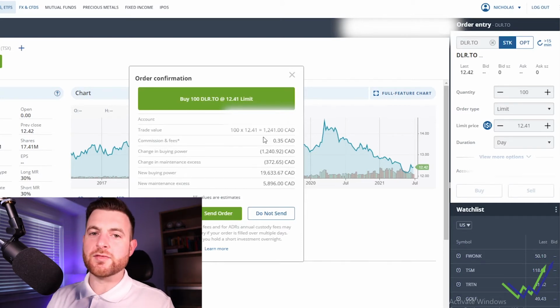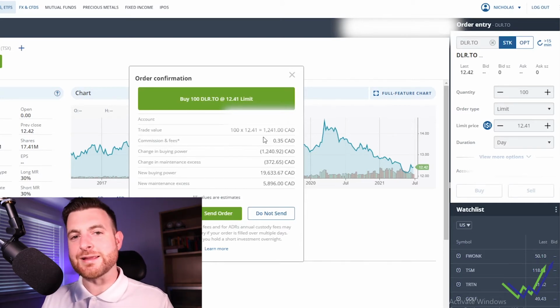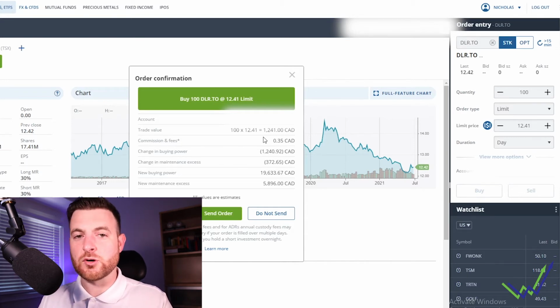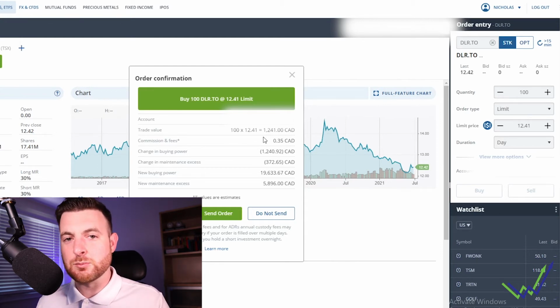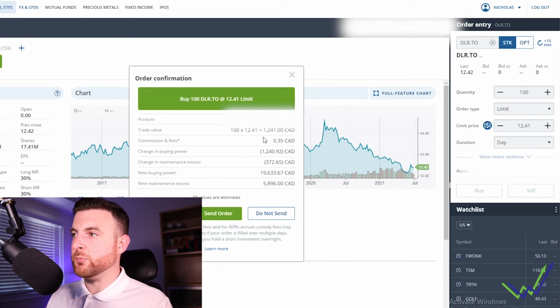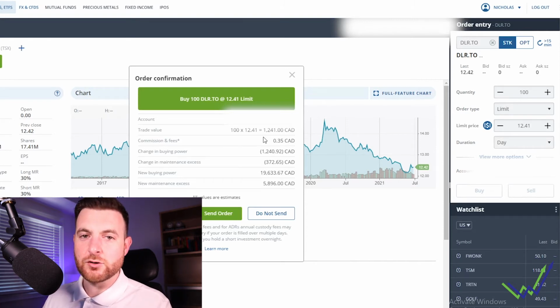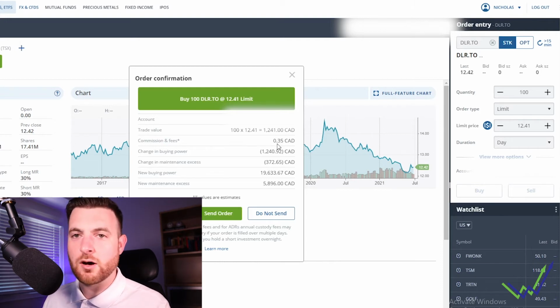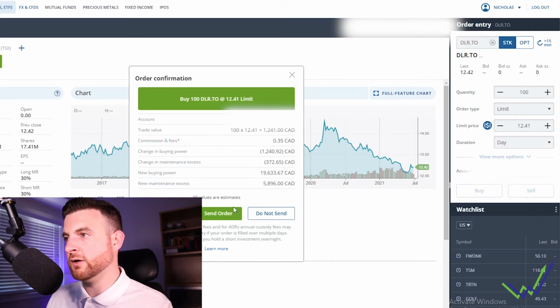It's important to note that there is no commission for buying ETFs on Questrade. If you sign up with Questrade by hitting my link below, you'll get the first $50 in commissions for free. But just based on this example, there is never a commission fee when you're buying an ETF in Questrade. So my cost off the hop is 0.35. I'll send that order in, and my next step is to wait.